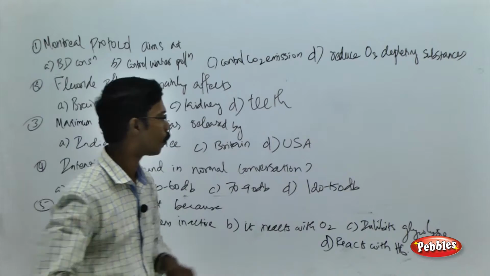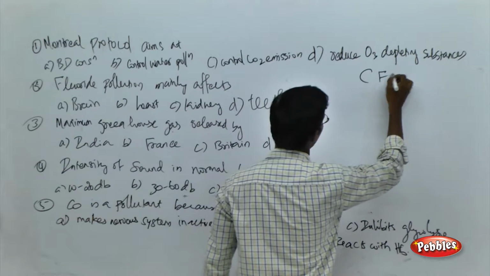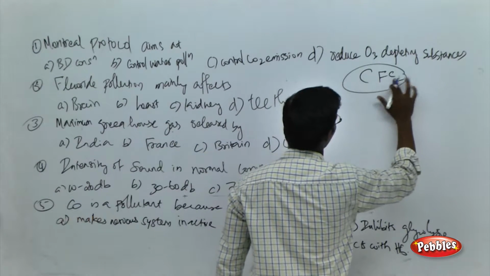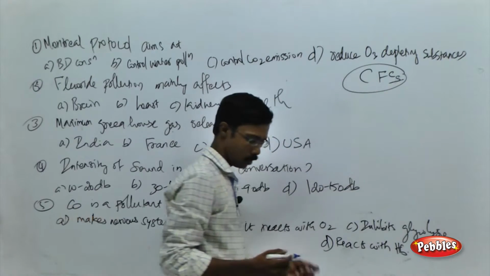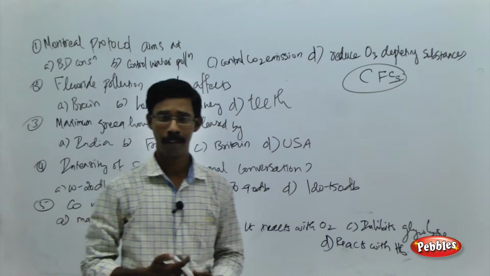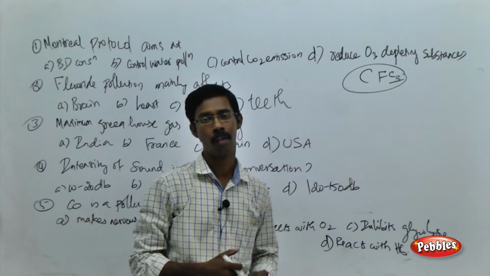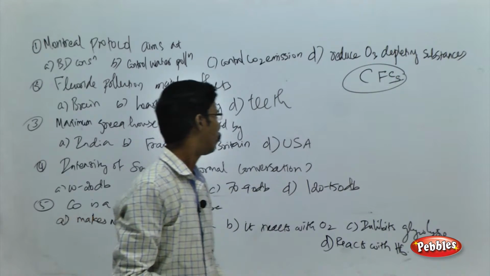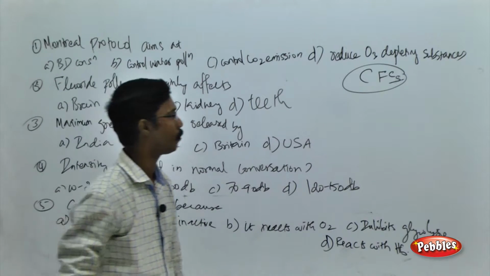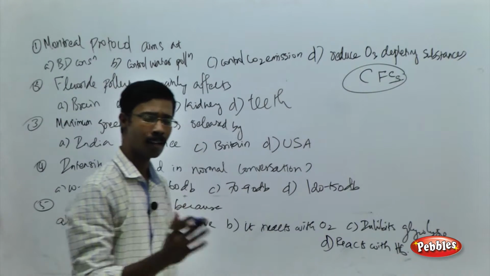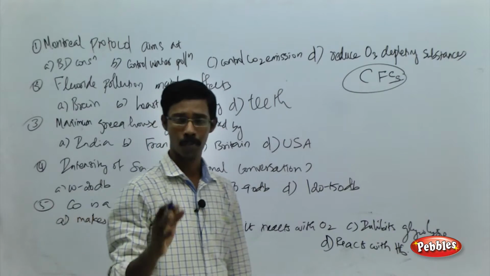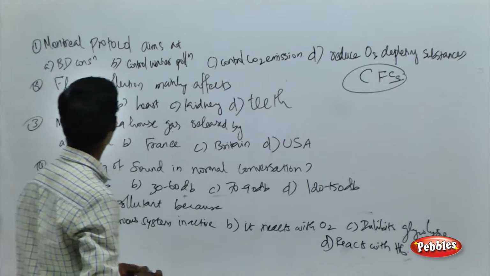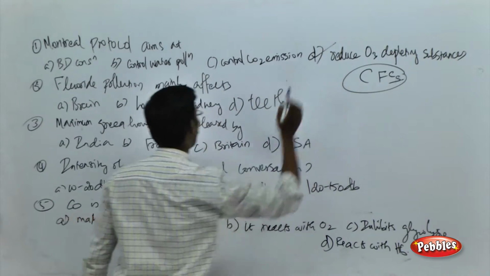That is what, as I told you, the CFCs, the release of chlorofluorocarbons by the countries to the atmosphere, that will cause artificial global warming. So the Montreal Protocol discussed the reduction of ozone depleting substances by human activities. So the choice over here is D.